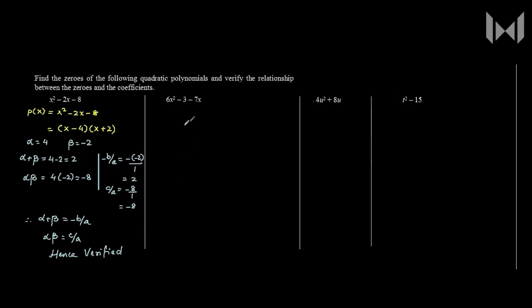In a similar way, we would like to factorize the second one, p(x). Now over here the quadratic polynomial is not given in the standard form, so we first need to convert this into a standard form. So it is 6x square minus 7x minus 3. Now in order to factorize this, we need to split the middle term minus 7x into two parts, which give us minus 18 when multiplied.